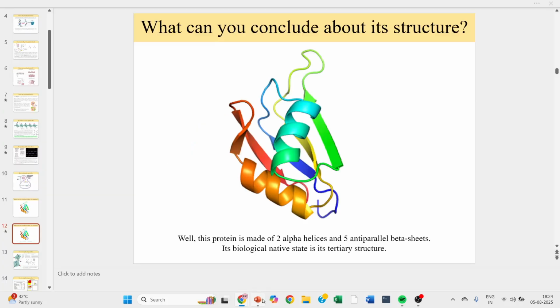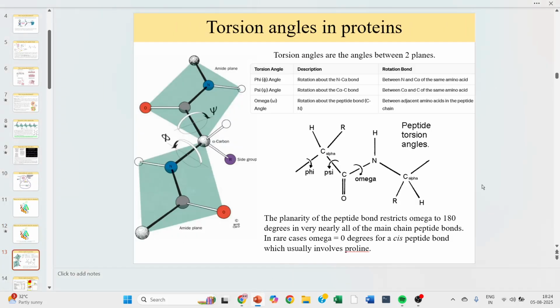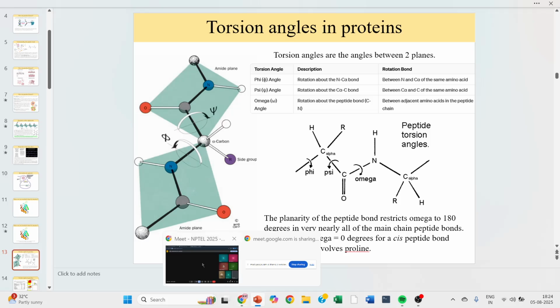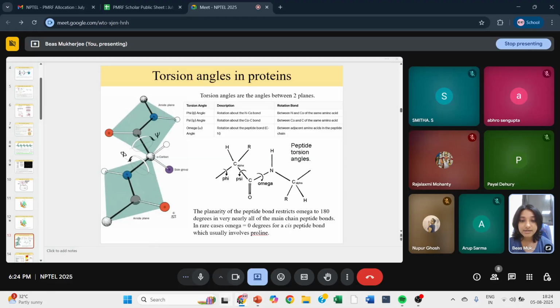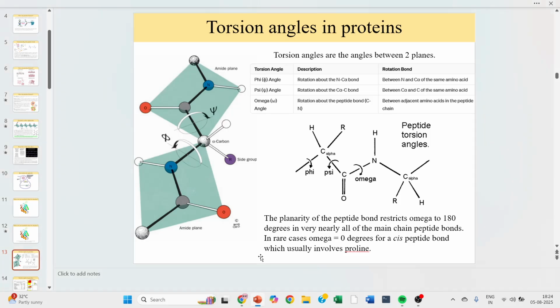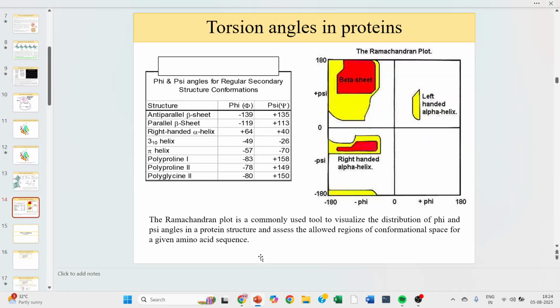Okay, right. So now we move on. Torsion angles in proteins, I will not go into this anymore because we have already discussed this in the previous class, along with the entire Ramachandran plot.